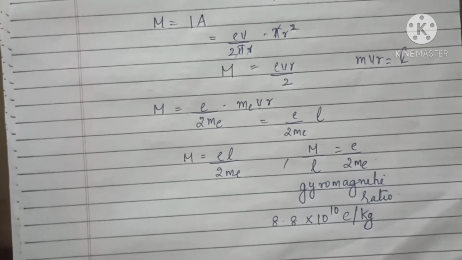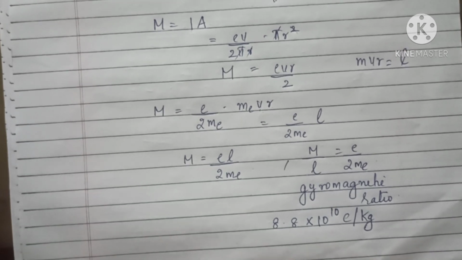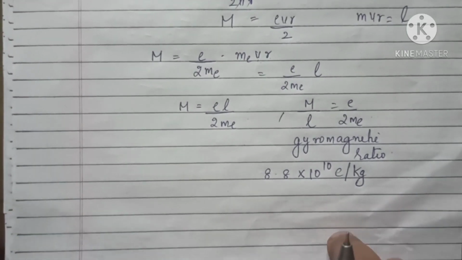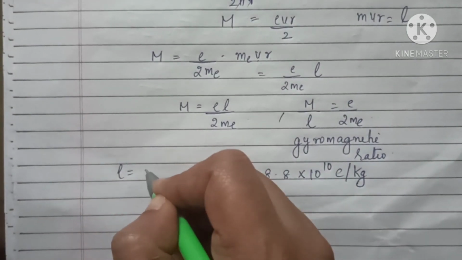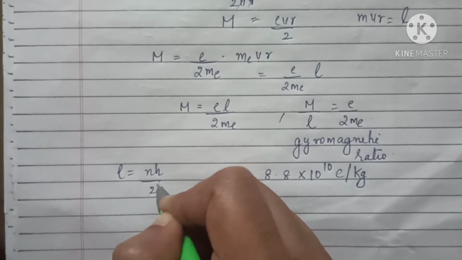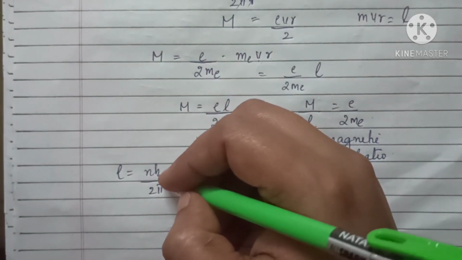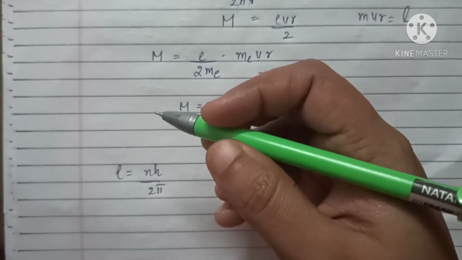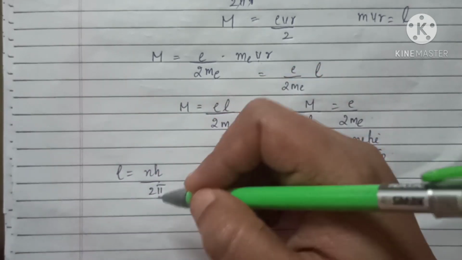Also from Bohr's hypothesis, you have studied that this angular momentum is an integral multiple of h by 2 pi, right? That is L is equal to nh by 2 pi, where h is the Planck's constant, n is the natural number. Now here n can be 1, 2, 3, any number.